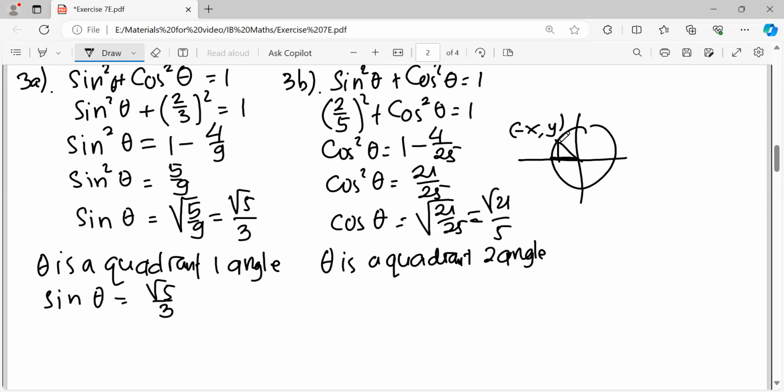If you create a triangle, the coordinate point here is negative x, comma y. I told you in my previous videos that y is for sine and x is for cosine. So the cosine sign is negative. So the value of cosine theta equals negative square root 21 over 5.